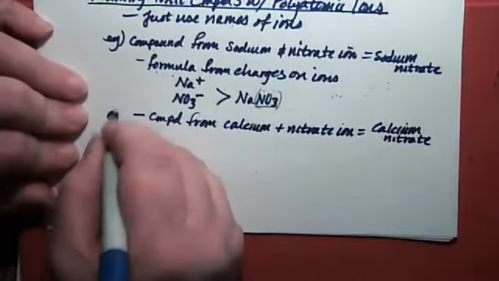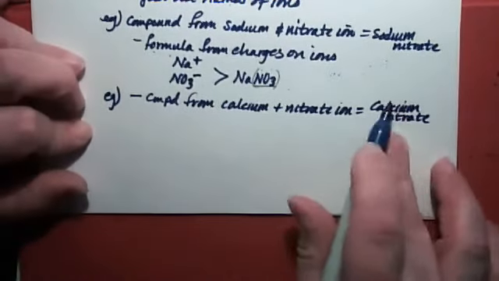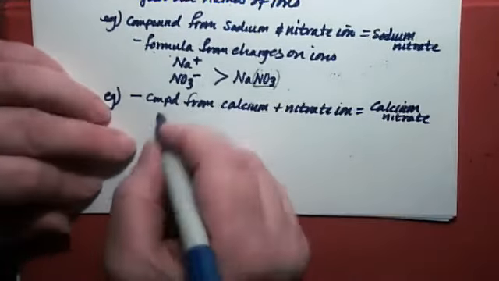So if you wanted to form a compound from calcium and the nitrate ion, the name would be, unsurprisingly, calcium nitrate.